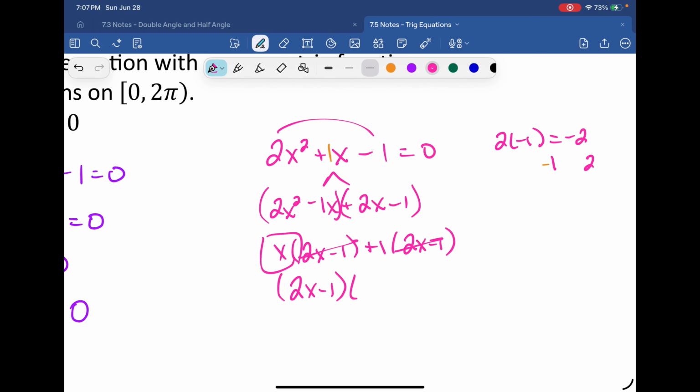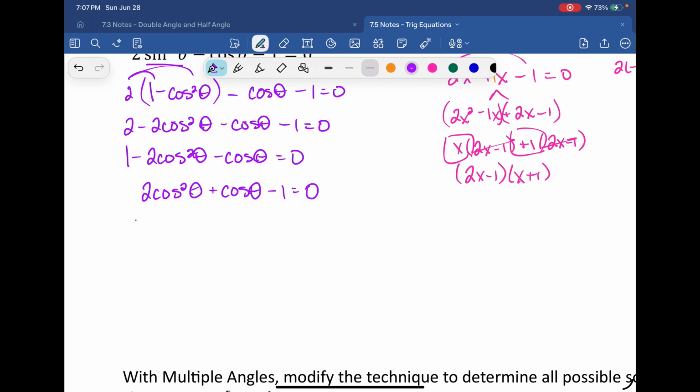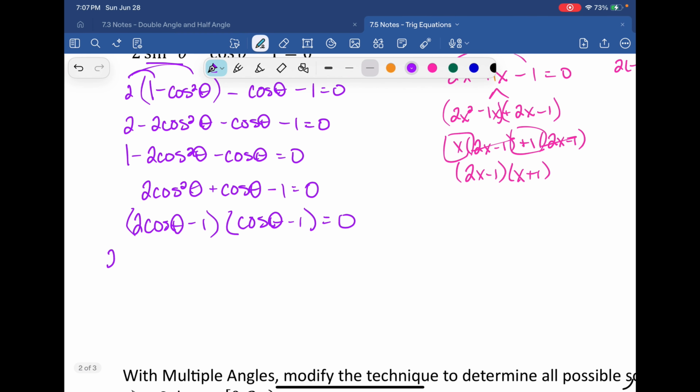And then whatever is left. Change those x's back to cosine. Set them equal to 0. Solve them.